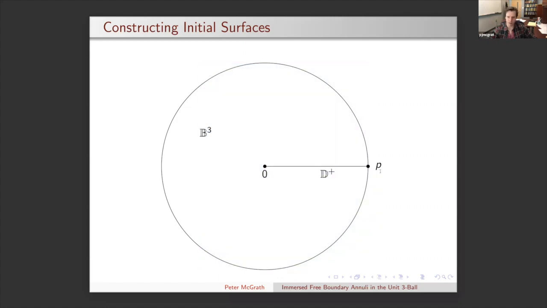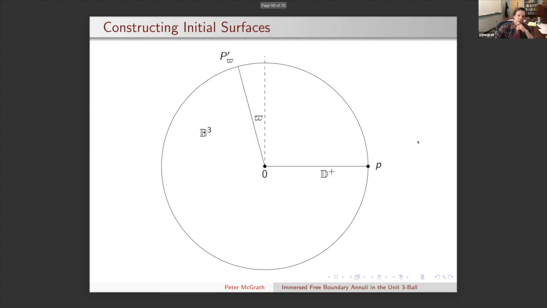This segment here is half of the disk I had in the previous slide, and the half I choose to call D+. It's the half that has P, and the half that has minus P is not relevant at the moment. So this is, in profile, the picture I had from before. I'd like to slowly describe the symmetries of the extrinsic surfaces that we construct and how we construct them.